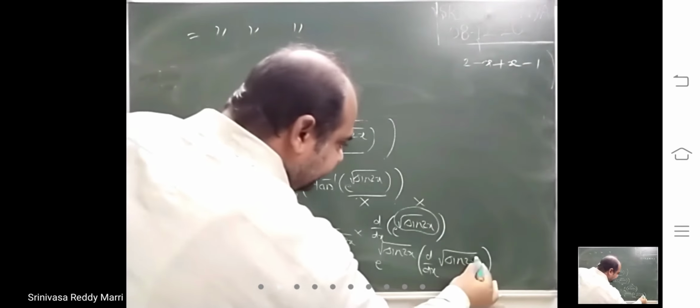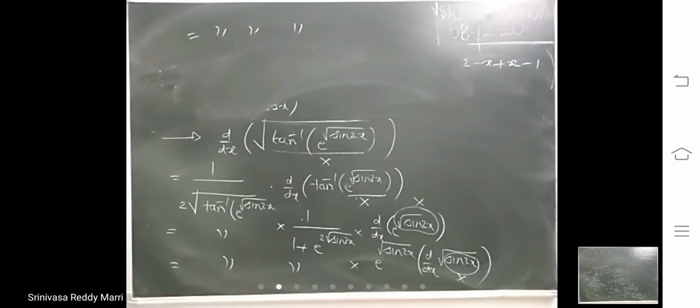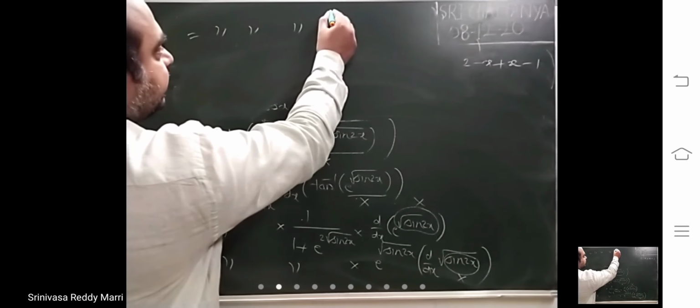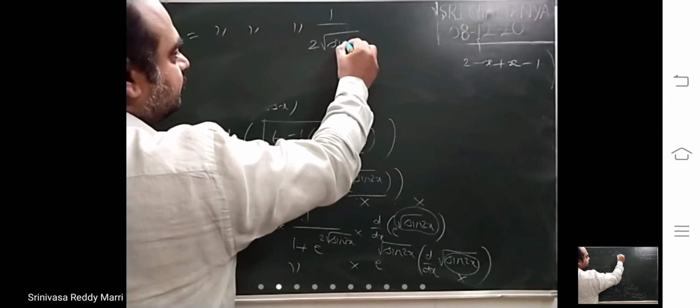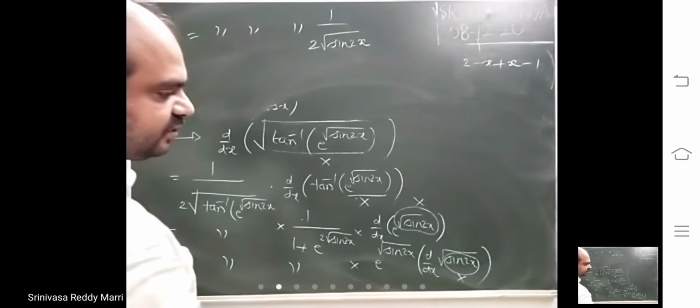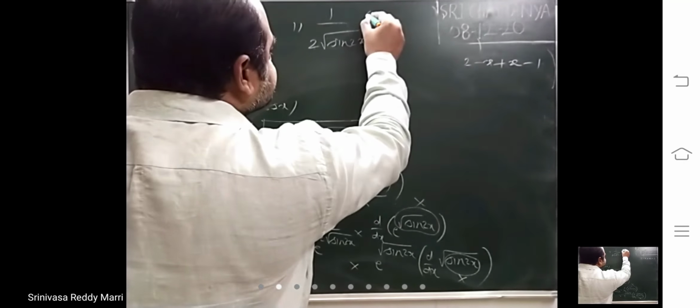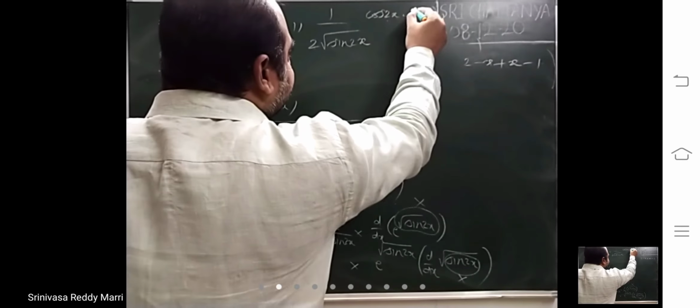Root of sine 2x. Now root x, so this is x. Root x means what? 1 by 2 root x. So 1 by 2 root sine 2x into d by dx of sine 2x. D by dx of sine 2x is nothing but cos 2x into the derivative of 2x, which is 2.